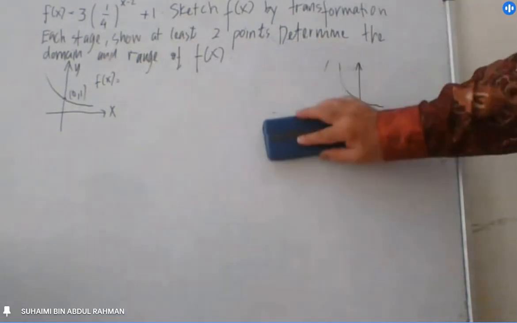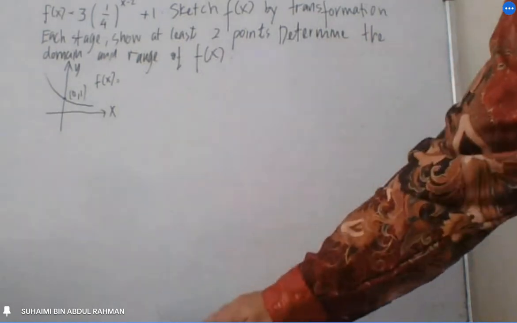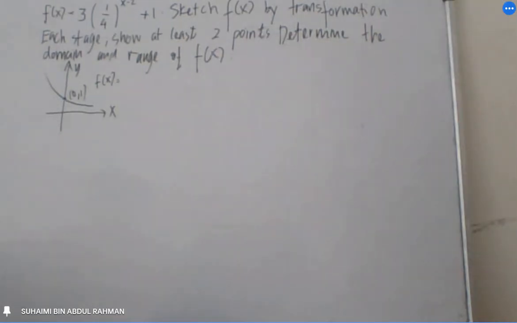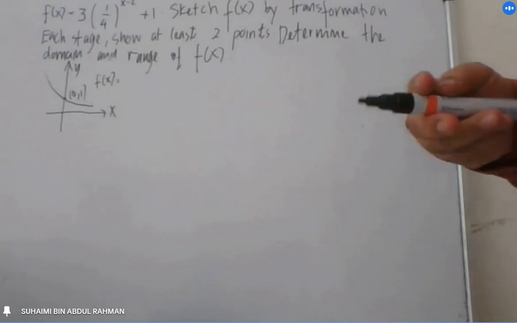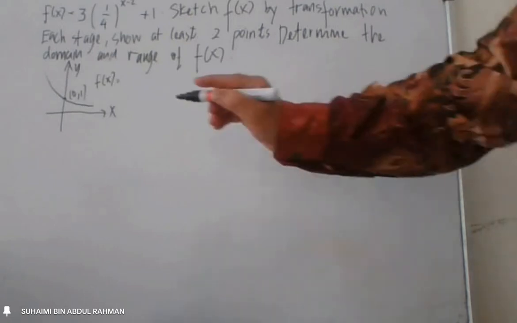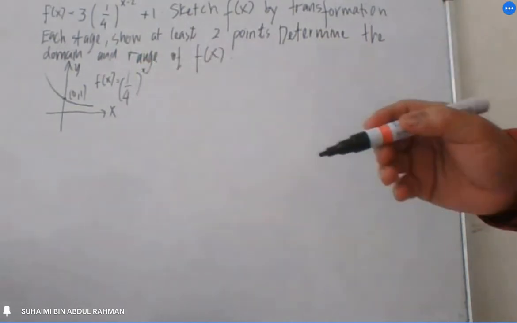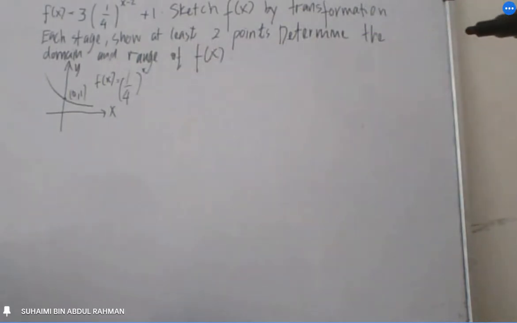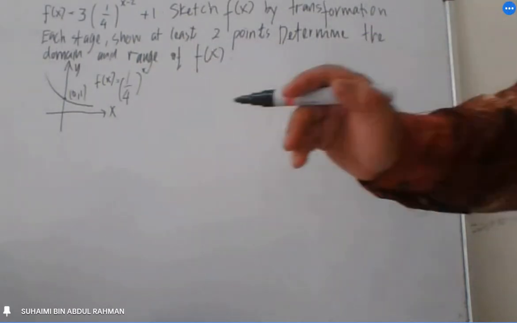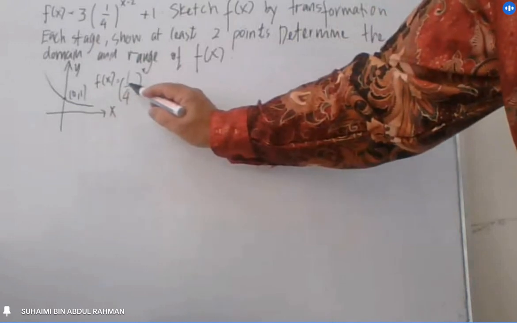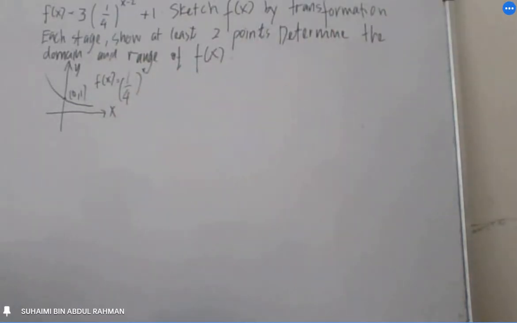The function of what? (1/4) to the power of x. (1/4) to the power of x, right? And now if you imagine that the value of x is 0, the value of y is what? 1.